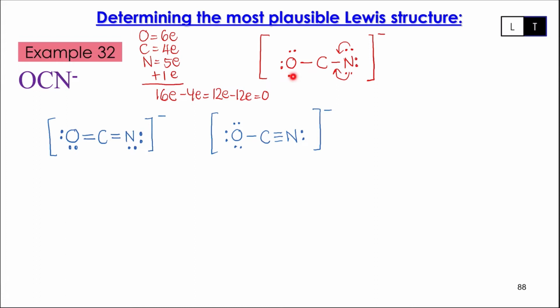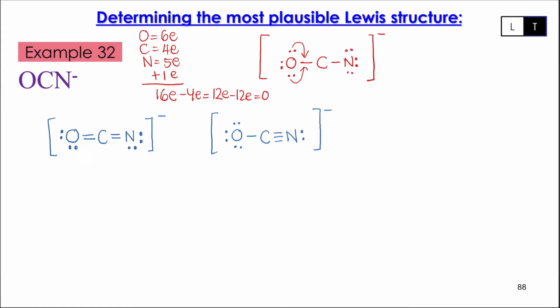Tadi saya cakap oxygen. Oxygen also can donate. So, in case I get back to original one, di mana this is my original, waktu saya tak buat lagi carbon ni octet, saya boleh donate lone pair daripada oksigen, 2 lone pairs untuk buat triple bond antara carbon dan oksigen atom.